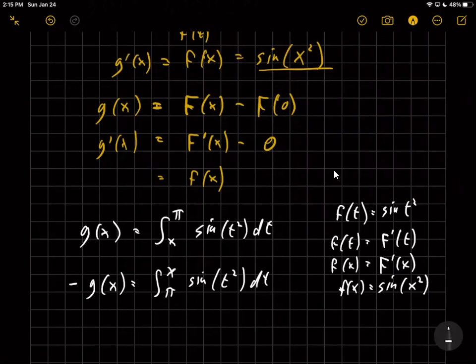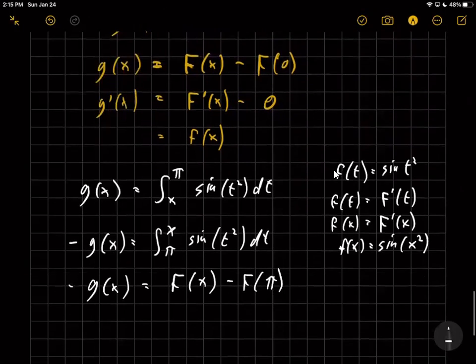We could say negative g of x is equal to big F of x, which we don't know, minus big F of pi. But we do know that when we take the derivative, negative g prime of x is going to equal f prime of x minus 0.